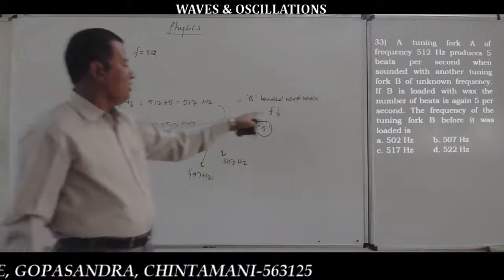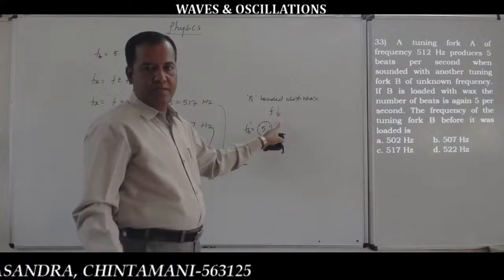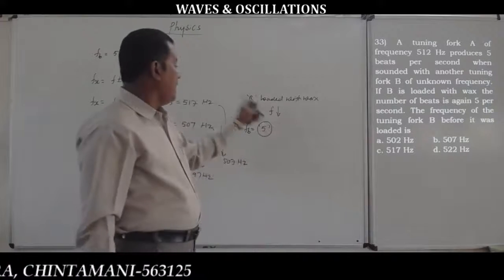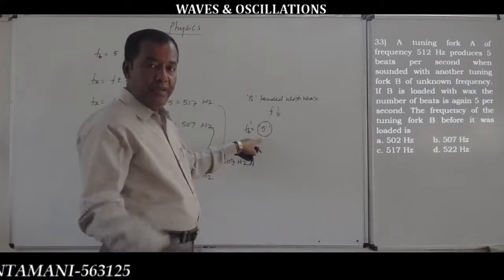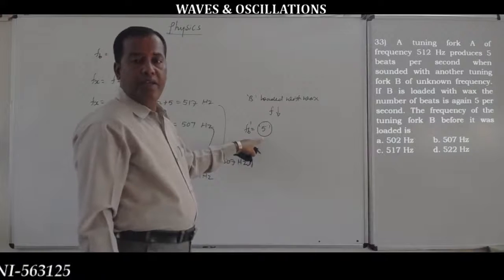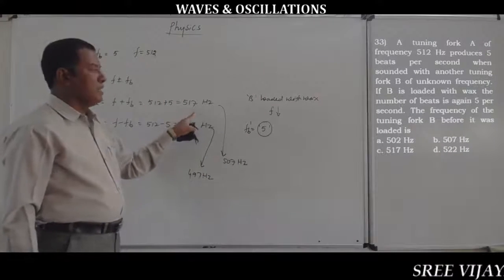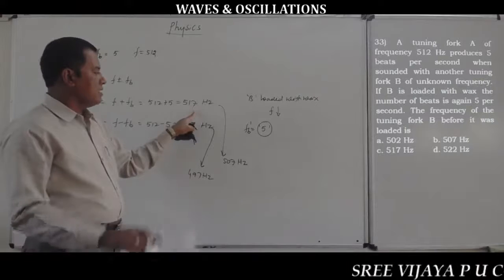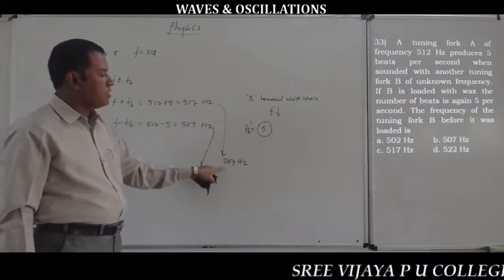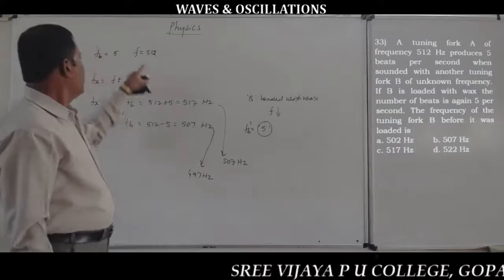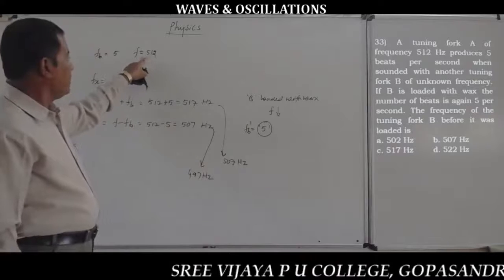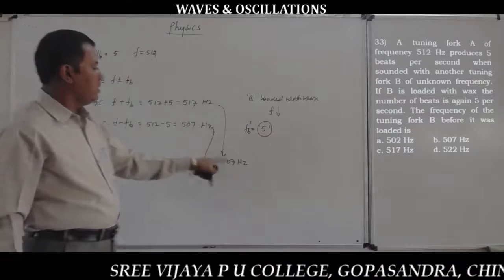Suppose B is loaded with wax, its frequency decreases. Once again, when A and B are sounded together, the beat frequency is 5 beats per second. If 517 is taken and its frequency reduces to 507 after loading, but the known frequency is 512, once again 512 minus 507 you get 5.